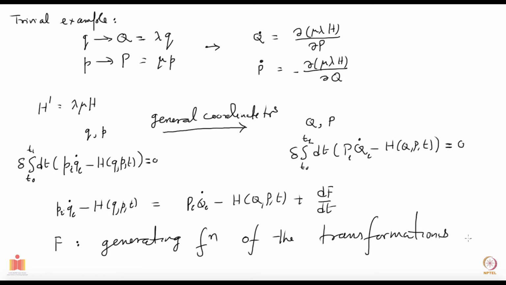Okay, now let's do something. I will write this equation as a total differential of F. Okay, so you have dq over dt here. So I'm going to just write the same equation. Maybe I should write here.